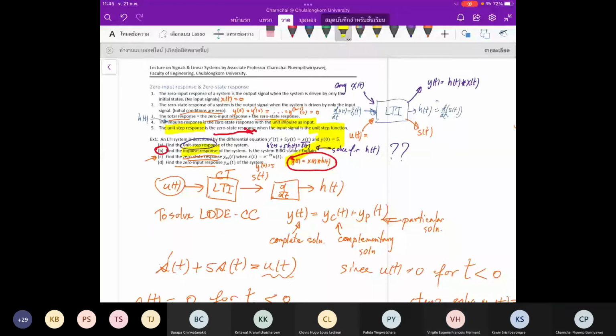But to solve for the complete response, you have both the input and the initial conditions. Yeah, it can be confusing, isn't it?